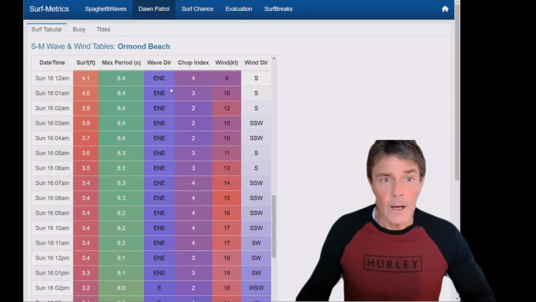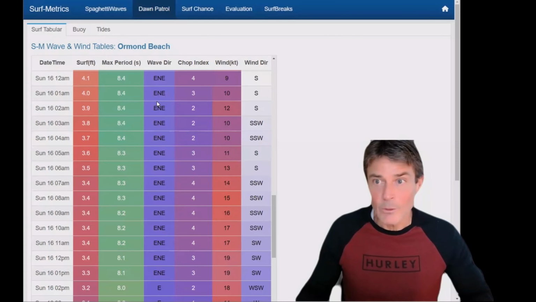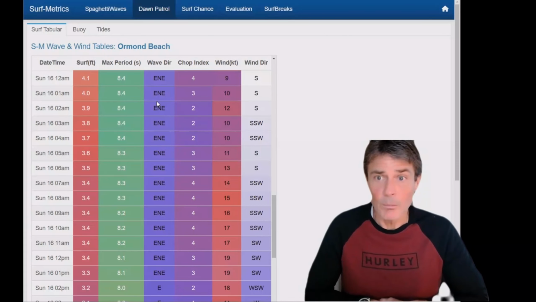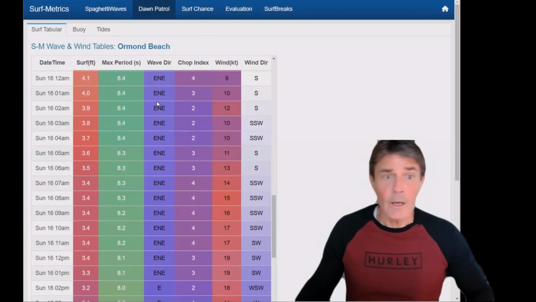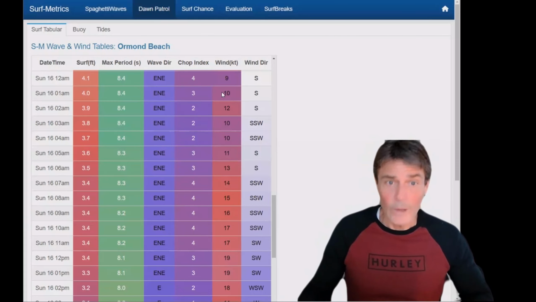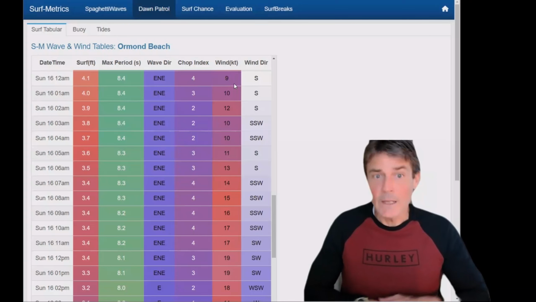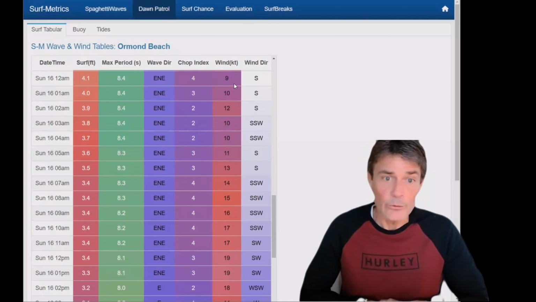What I've also put in here is the wave direction, and this is super important. You want the wave to be coming towards the coast, perpendicular to the coast instead of parallel, obviously. And chop index, wind speed, and wind direction. Again, the wind speed has a coloration that goes from cool colors, low wind speed, to hot colors, which indicate higher wind speed.